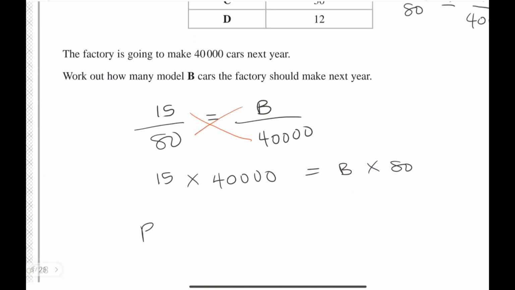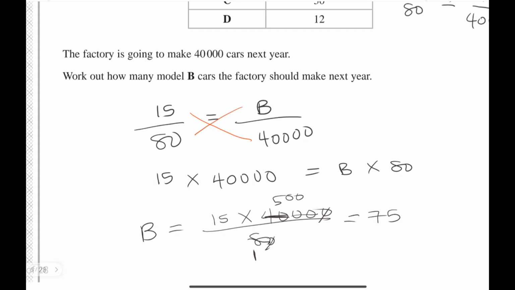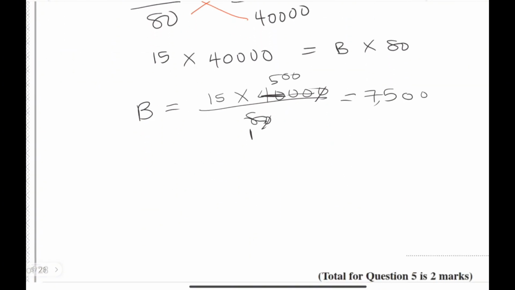Then from here, b is equal to 15 times 40,000 divided by 80, so we divide both sides of the equation by 80. So take out this 0, 8 and 40 is 5. Then we have 2 zeros left, so we add them to that. 15 times 5 is 75. Then we add 2 zeros to that from the 500, so that makes 7,500.